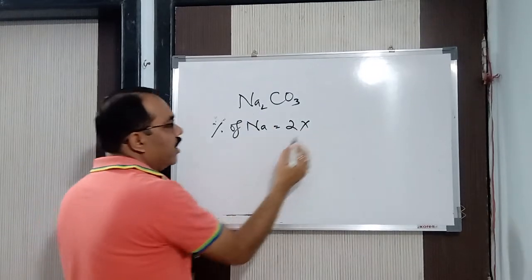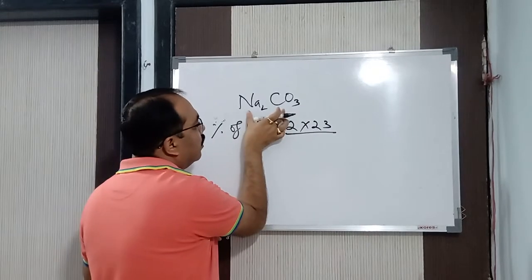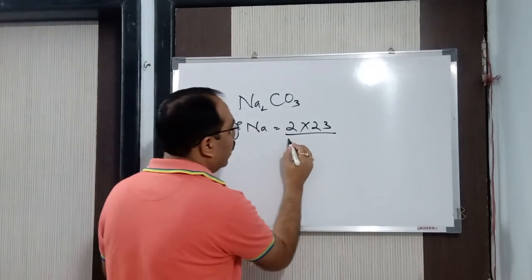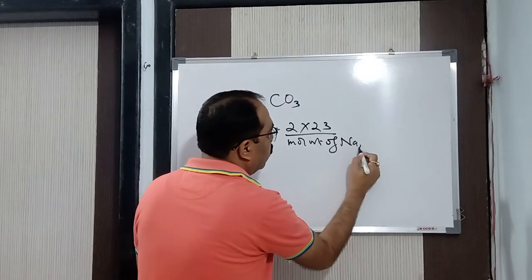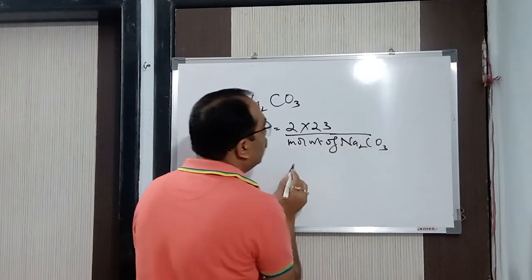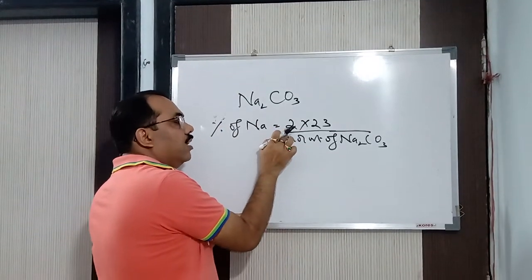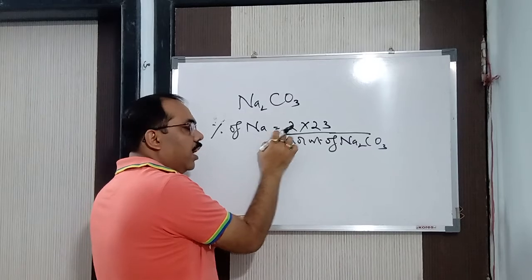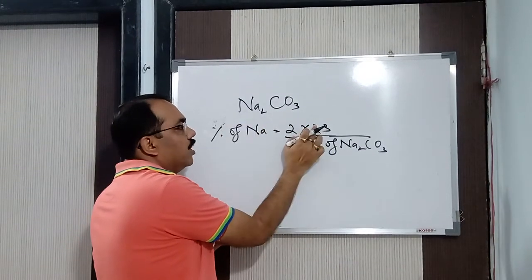What is the atomic weight of sodium? 23. Divided by the molecular weight of sodium carbonate, Na2CO3. Listen carefully here, that is the number of atoms into the atomic weight of that element. So here the number of atoms is 2, into the atomic weight of sodium, 23.